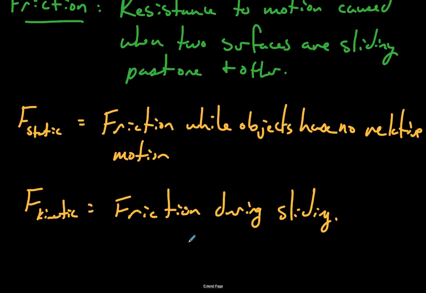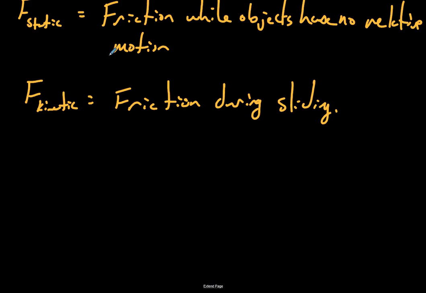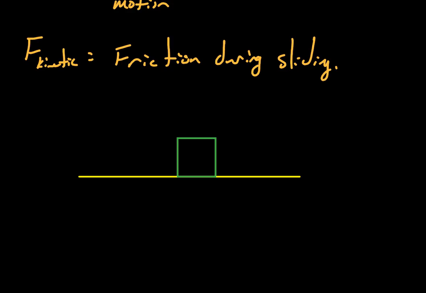Okay, so to first talk about why friction exists at all, let's think about some things here. So we've got a surface, and we'll put a box on it with some weight. So let's talk about what is actually causing friction at the core of it all.